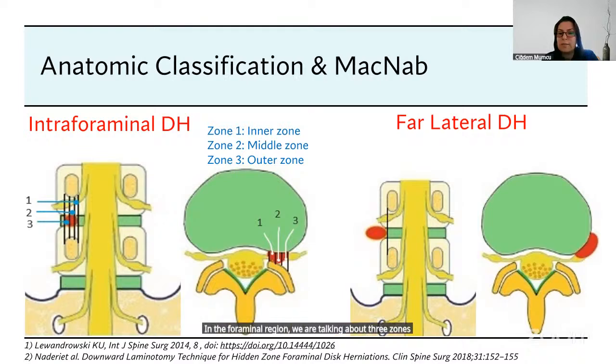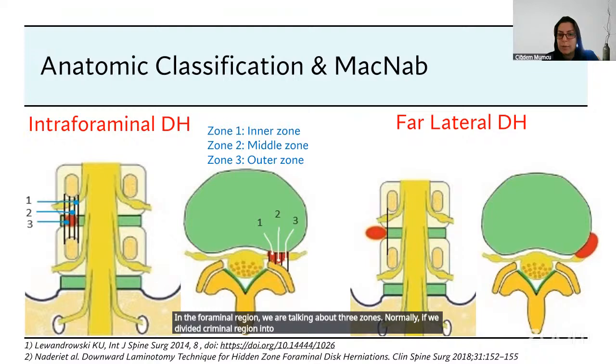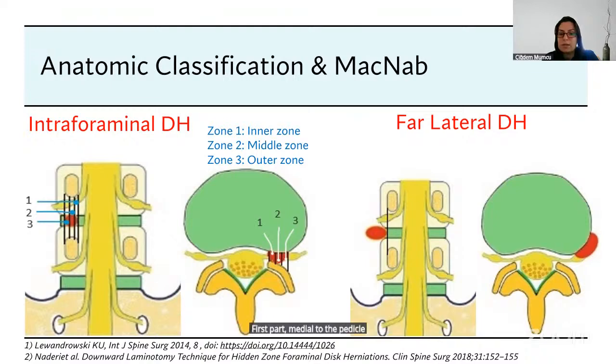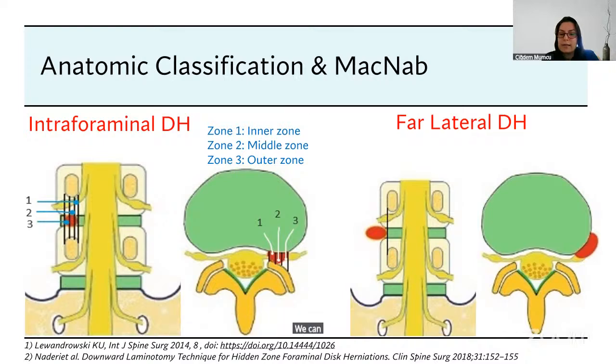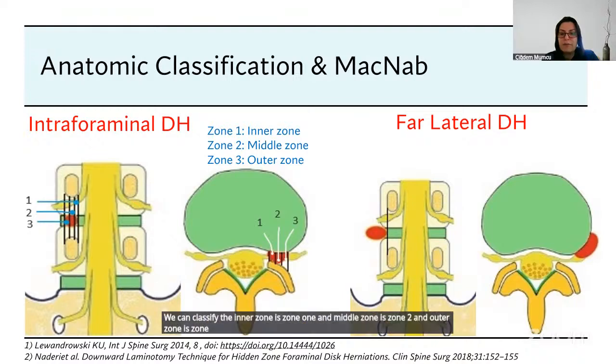If we divide the foraminal region into three equal parts, the first part, medial to the pedicle, is the inner zone. The second part is the middle zone, and the third is the outer zone. In other words, we can classify the inner zone as zone 1, middle zone as zone 2, outer zone as zone 3, and far lateral.